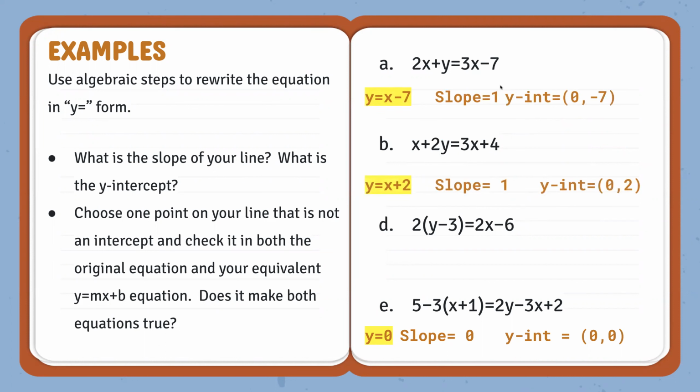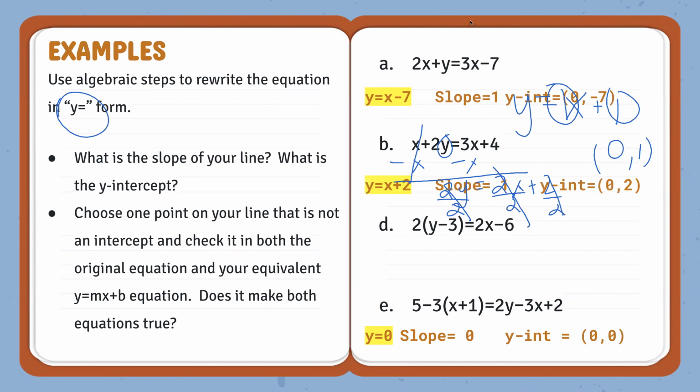Oh no, I made a mistake. What did I make a mistake in? Let's see. If I go back, what did I have? Oh no, I made a dumb mistake. I'm so sorry. Where did I go from 4 to 2 right here? Oh goodness. Okay.